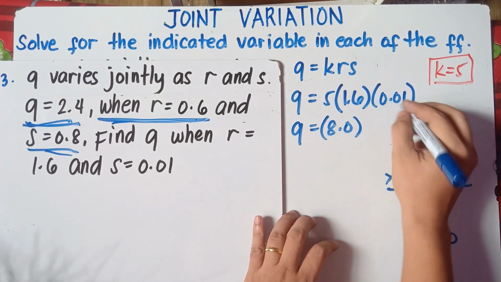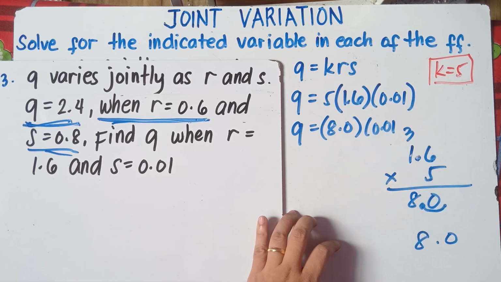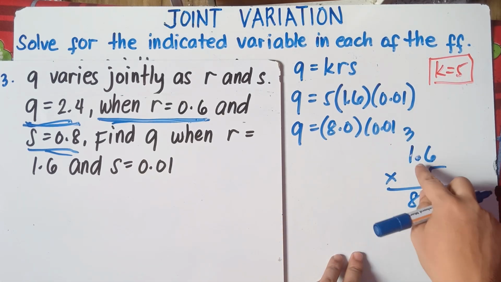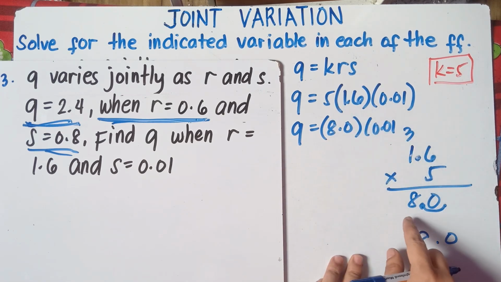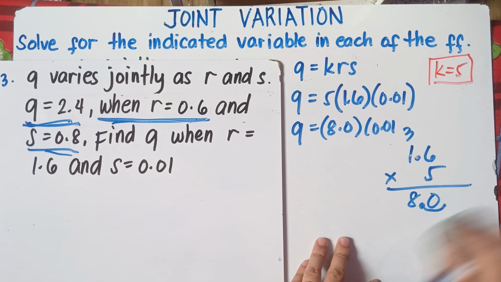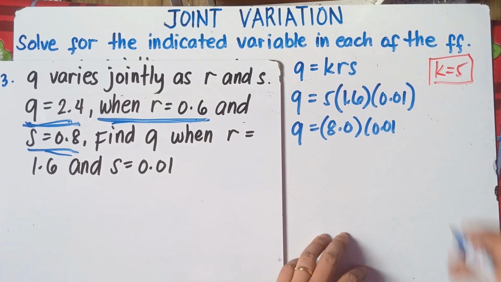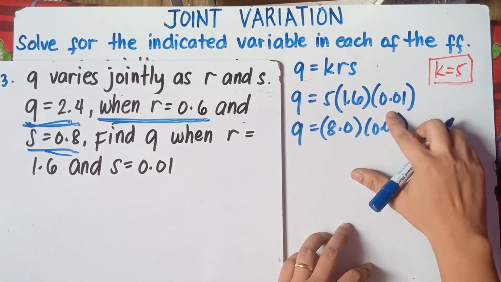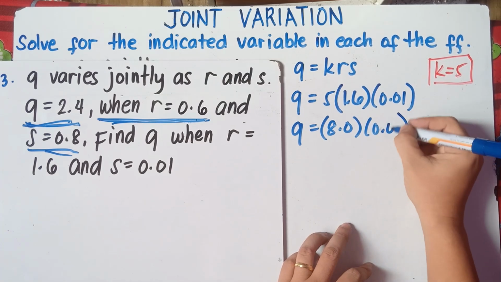So Q equals 8.0 times 0.01. Once again, 1.6 times 5 is 8.0, and then you multiply it by 0.01. So 8.0 multiplied by 0.01.